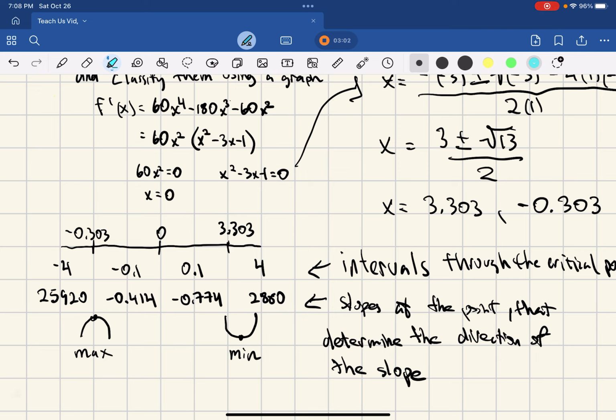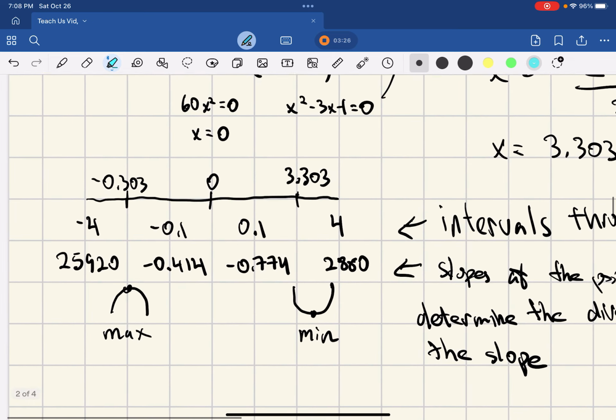So I got a positive value where f prime of -4 is, a negative value at negative 0.1, and another negative value at 0.1, and then again a positive value where f prime is 4.